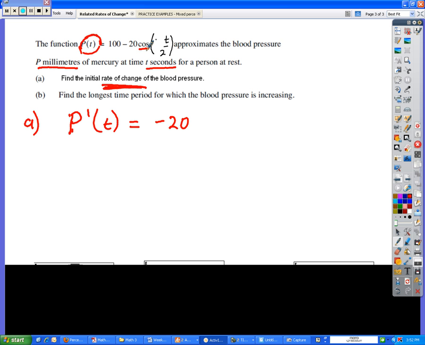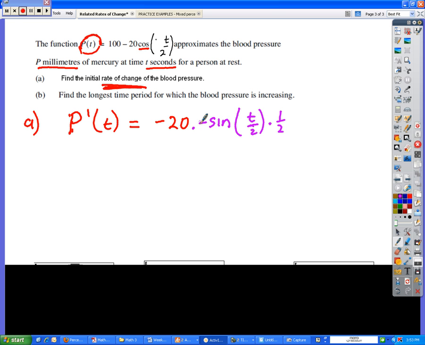What does cos differentiate to? Cos differentiates to negative sine. We've got negative 20 times negative sine of t over 2 times, remember the derivative of this function. What's the derivative of t over 2? That's a half.